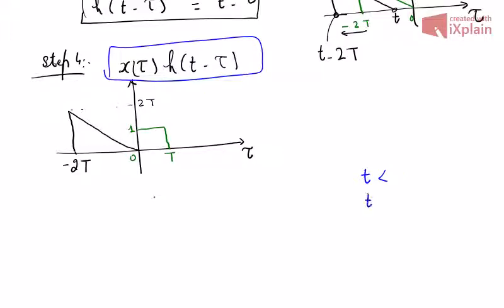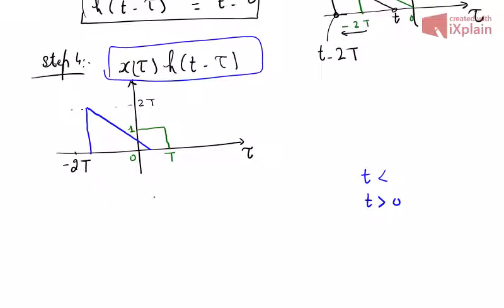Now when t becomes slightly greater than 0, what happens? I just move the same signal slightly forward, and we can plot it like this.